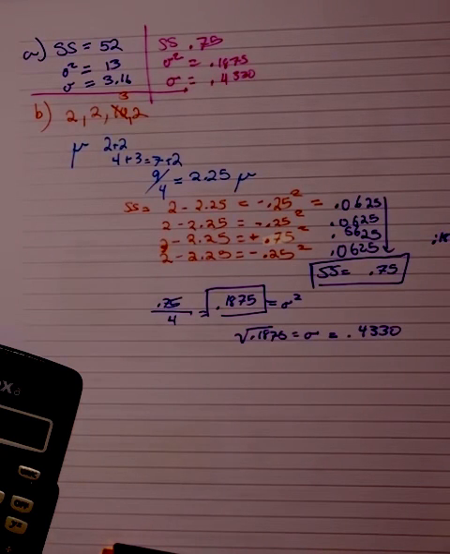So for example, the mean, right? If we do the mean for our part B, where it was 2, 2, 3, 2, it was a mean of 2.25, versus for our first portion of the problem, if I remember correctly, where did I write it down?